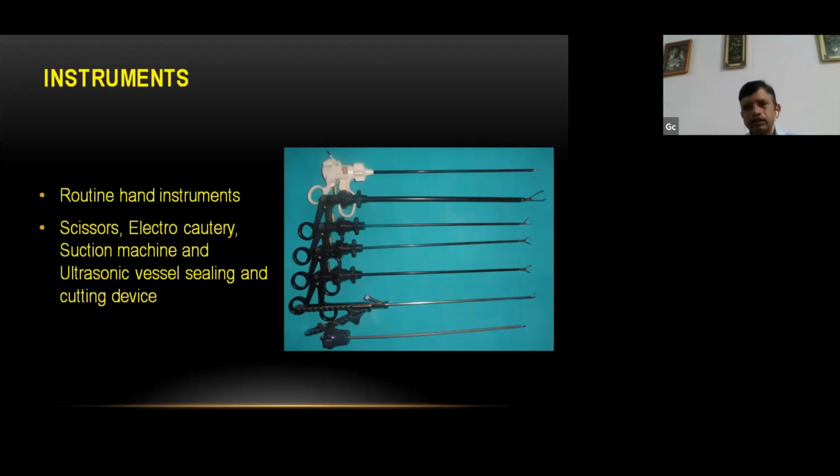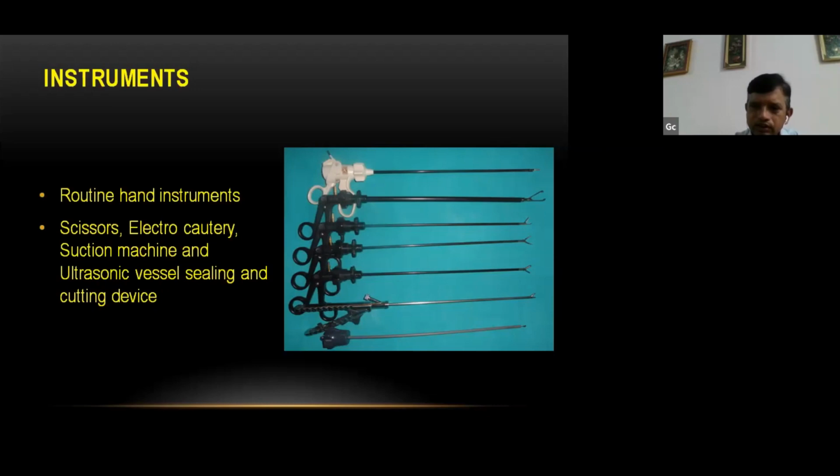Although if you don't have it, this extractor is not very much required, because you don't want to crush the specimen and you have to take it out through the bag. So if you don't have it, you need not worry.